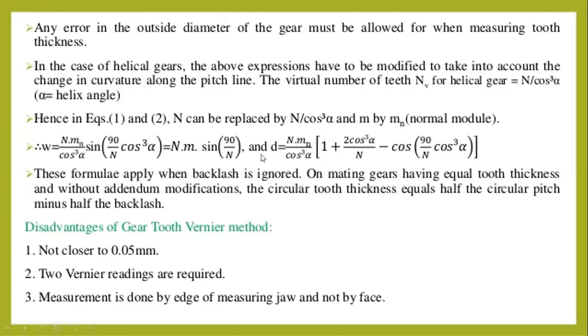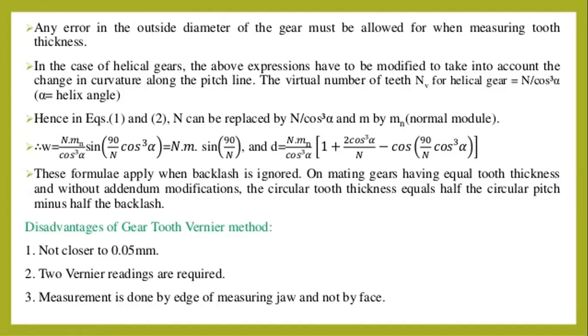And for the depth d, it is taken as N into mn by cos cube alpha, into 1 plus 2 cos cube alpha by N minus cos 90 by N cos cube alpha. So these formulae apply when backlash is ignored, that is when there is no backlash.